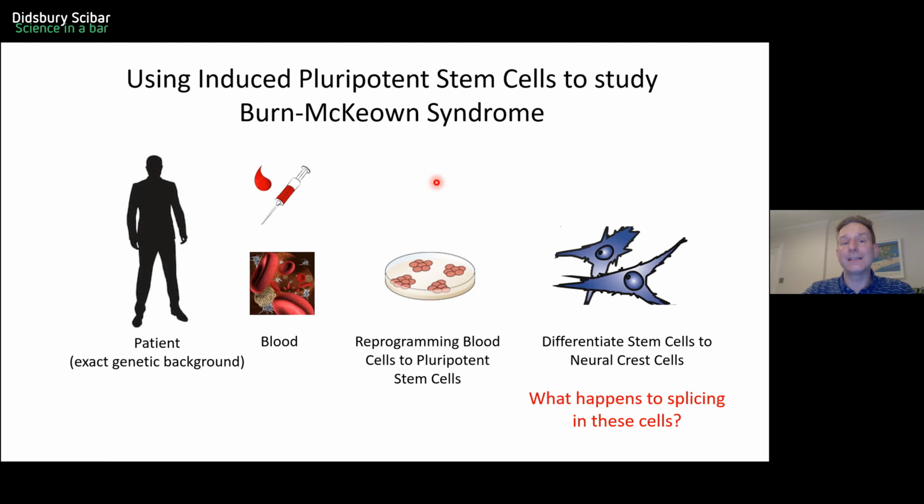Over that time, scientists have discovered that we can make certain stem cells from a patient's blood. So what we do is we get a patient, a Burn McEwen patient.